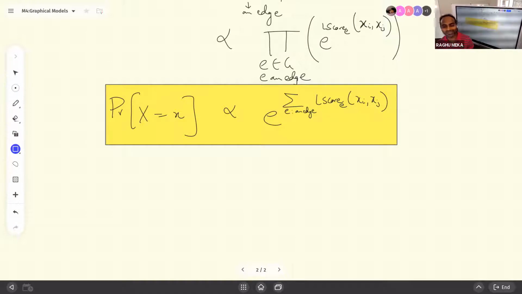So what do I have in this exponent here? Can I write it in a more succinct way? Think of basically what's the degree of this function if I think of it as a polynomial in x1 through xd. What's the degree of that function going to be at most? 2.